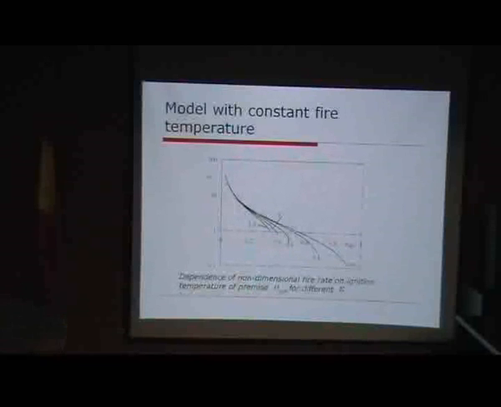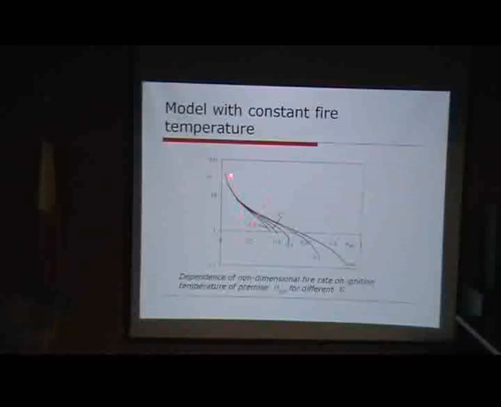This model allows calculating a non-dimensional rate of propagation of the fire from premises. This is a parameter equal to the inverse of the time between ignition of the neighbor premises.